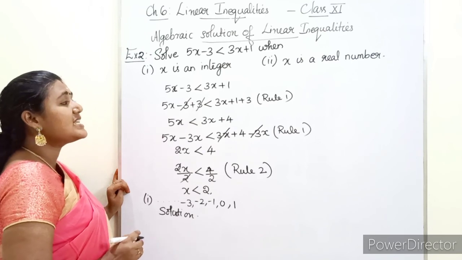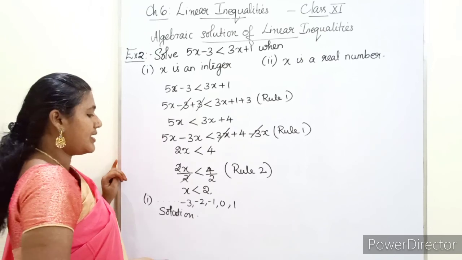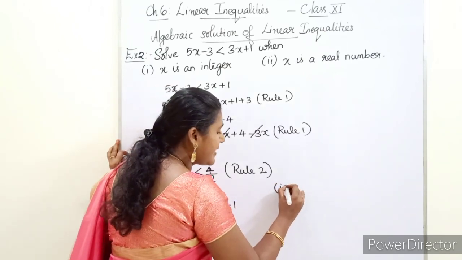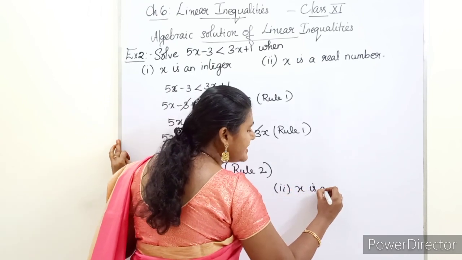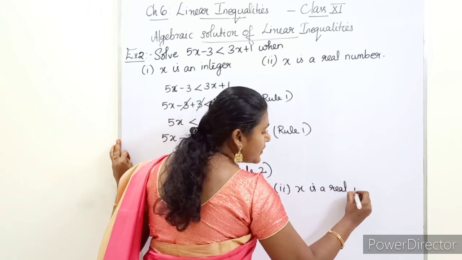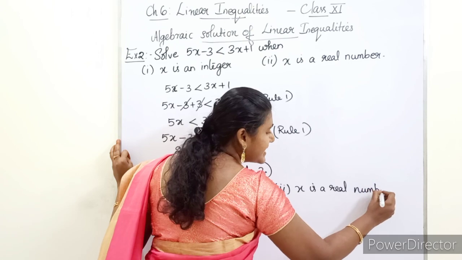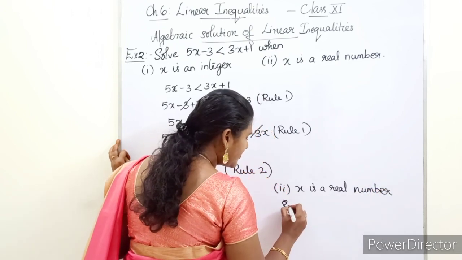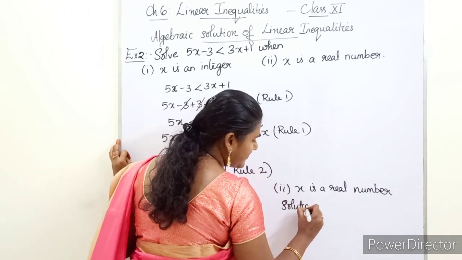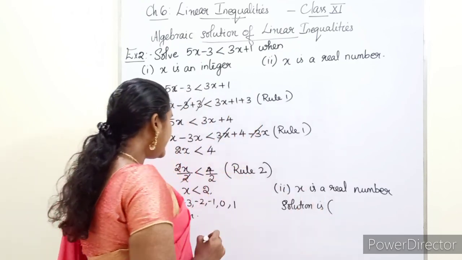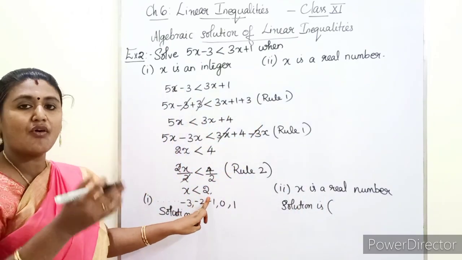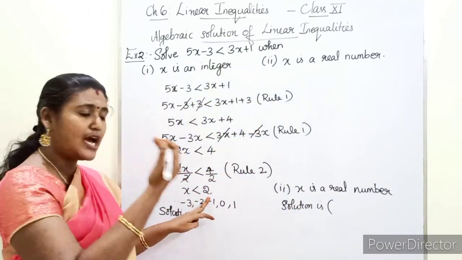Now the second case, when x is a real number. So when x is a real number, how will you write the solution? The solution is all the numbers less than 2. So from minus infinity up to 2.